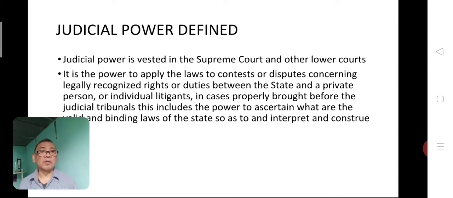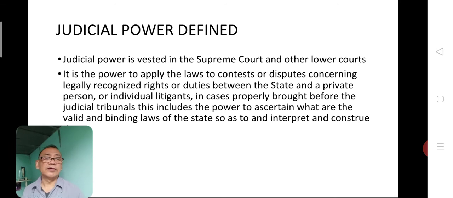It is the power to apply the laws, to settle disputes concerning legally recognized rights or duties between the state and private persons or individual litigants in cases properly brought before the judicial tribunals, and this includes the power to ascertain what are the valid and binding laws of the state so as to interpret and construe.